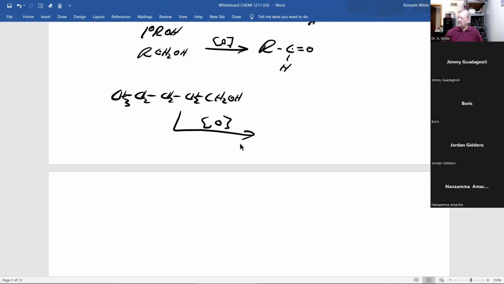What would be the product or products, organic product or products, of the following reaction?